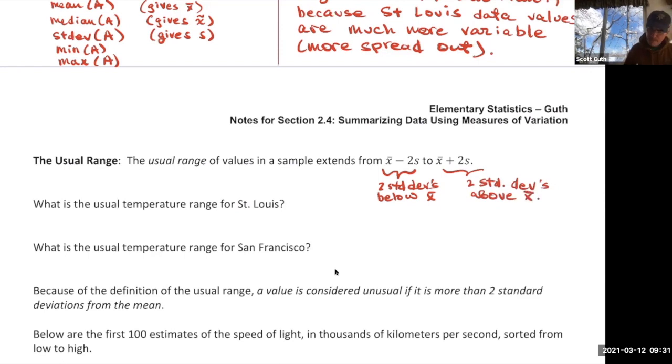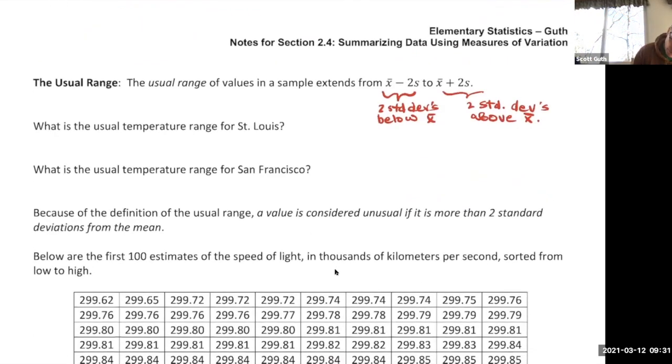That range from 2 standard deviations below to 2 standard deviations above the mean is called the usual range. Most of the values will be in that range, and you'll see more about that in a second. So for St. Louis, we have to do X bar minus 2S and X bar plus 2S.